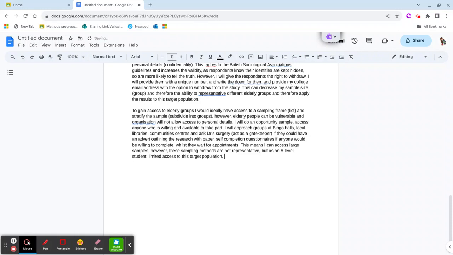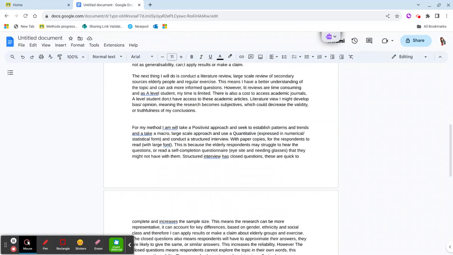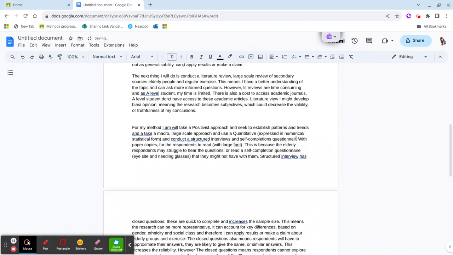population. I'll take a positivist approach, so I'll conduct structured interviews and self-completion questionnaires, with paper copies for respondents.